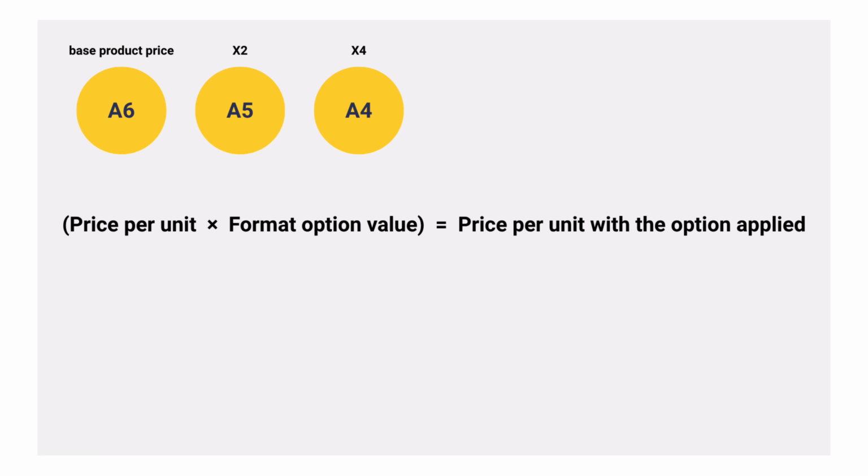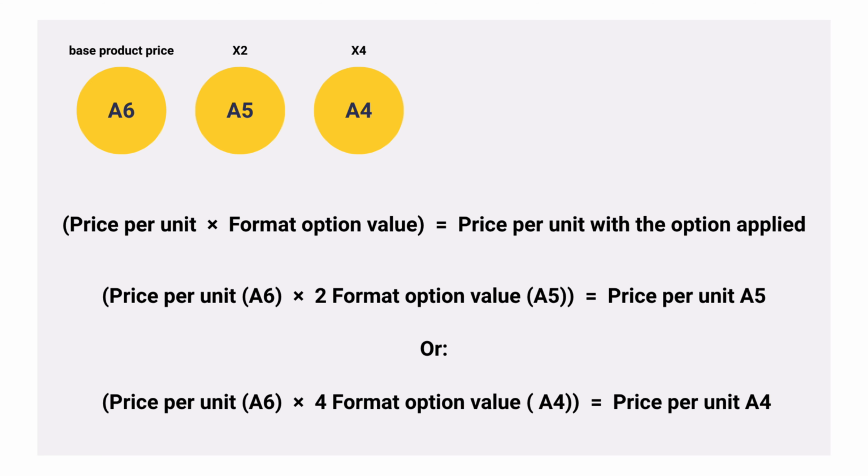Then our formula will look like this: price per unit A6 multiplied by 2, format option value A5, equals price per unit A5, or price per unit A6 multiplied by 4, format option value A4, equals price per unit A4. The coefficient in this formula is 4.